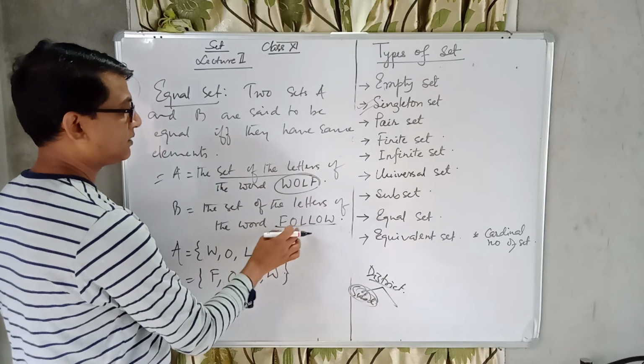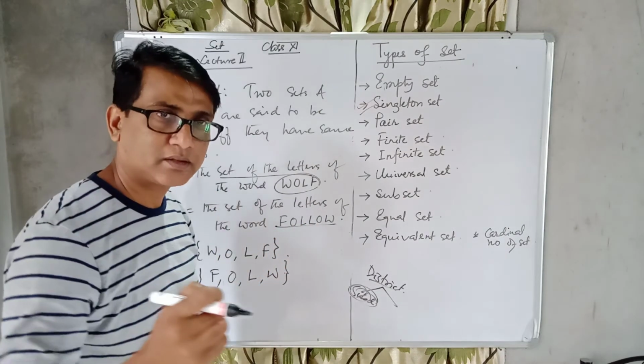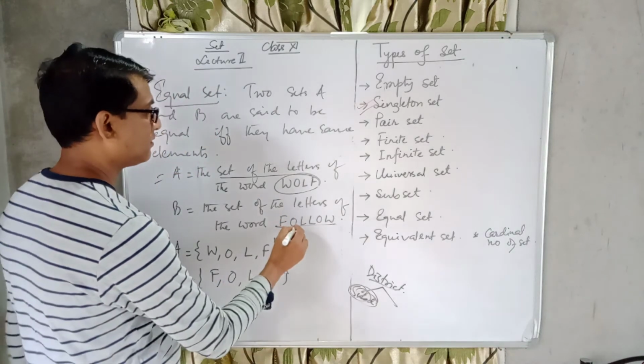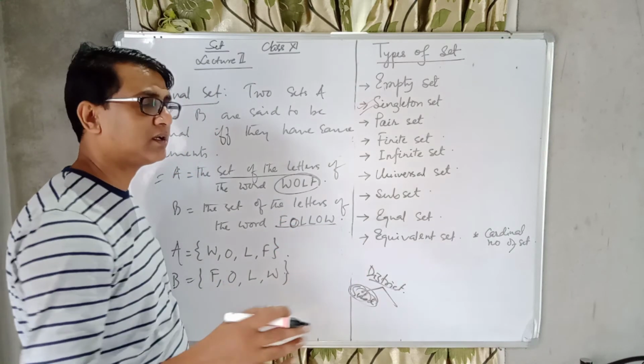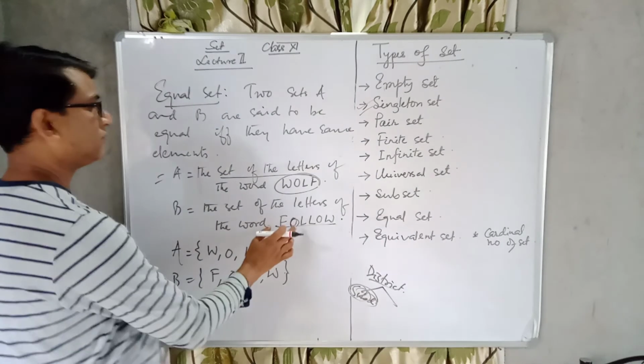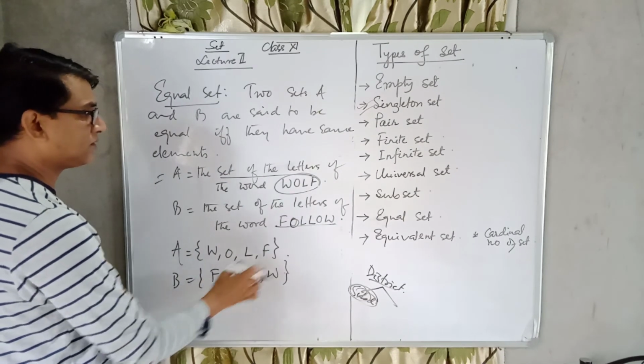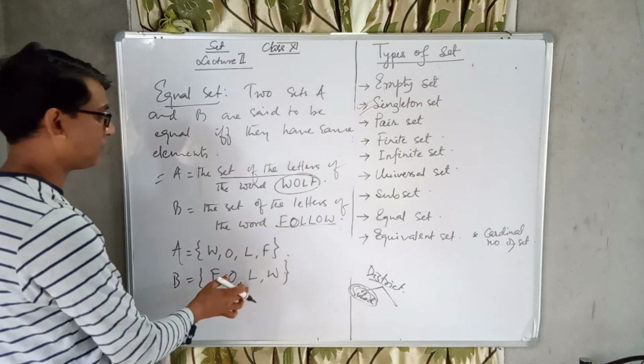Here double O and double L are there, but we write each element only once.